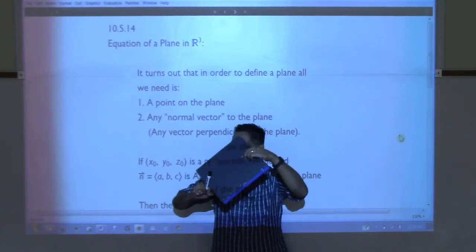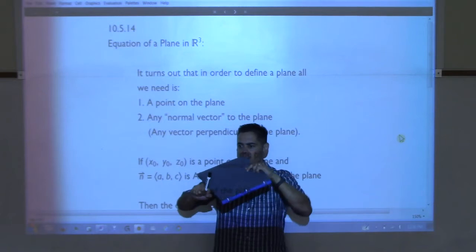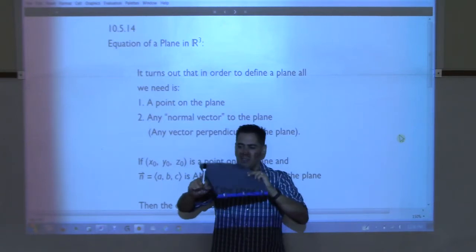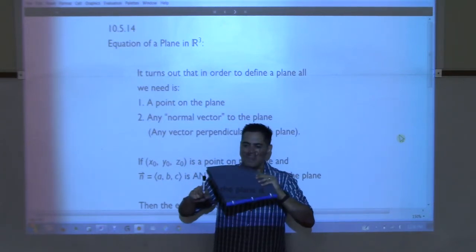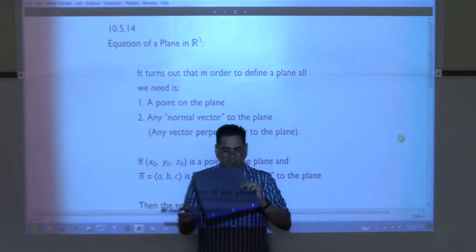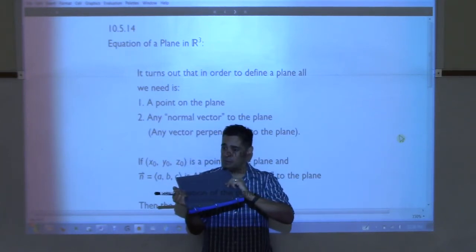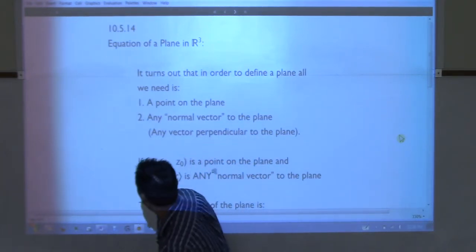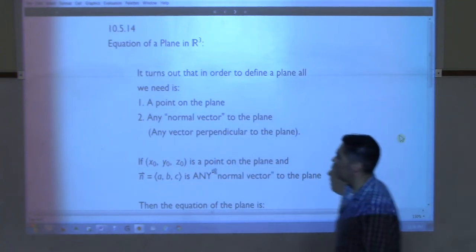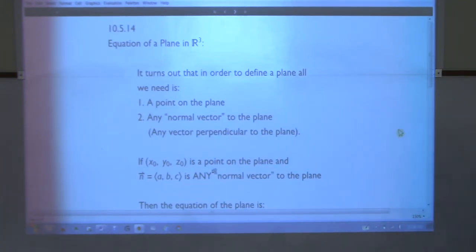There's no other plane. I can't do this. It's not orthogonal, right? This vector uniquely defines almost like a direction of my plane. So that's all you need to define a plane. Give me a point on the plane and any normal vector to the plane, and we are in business.